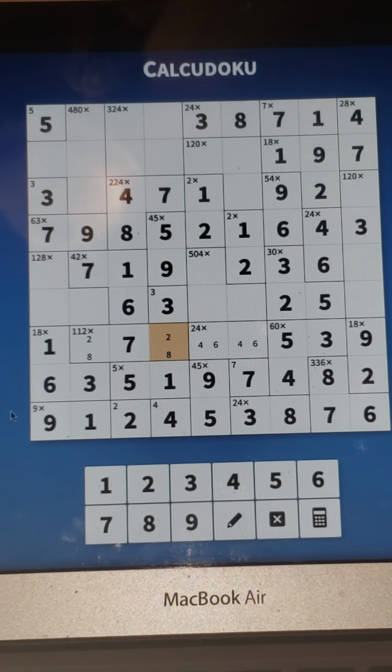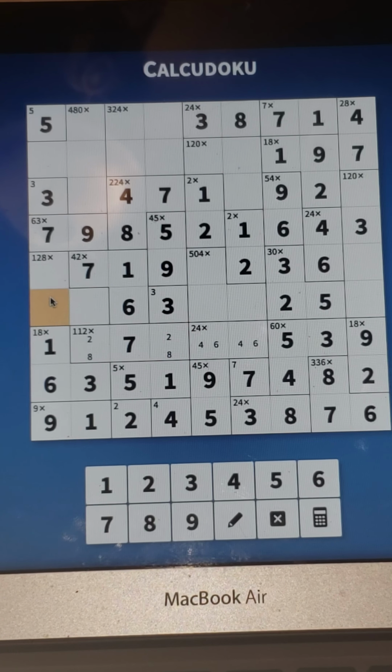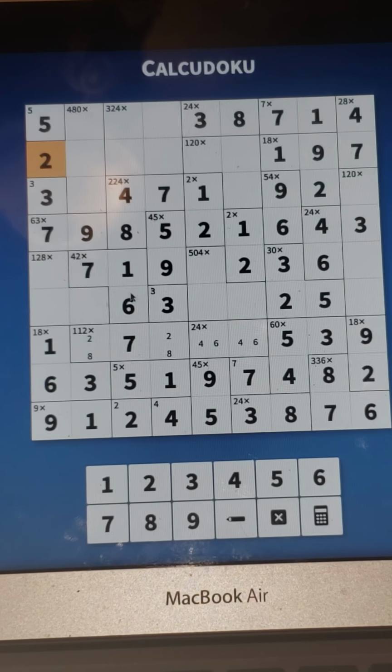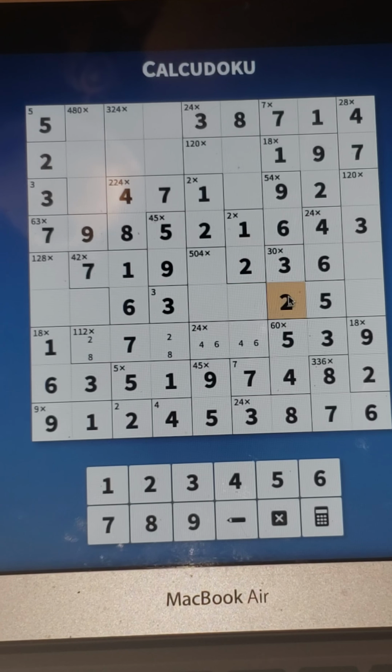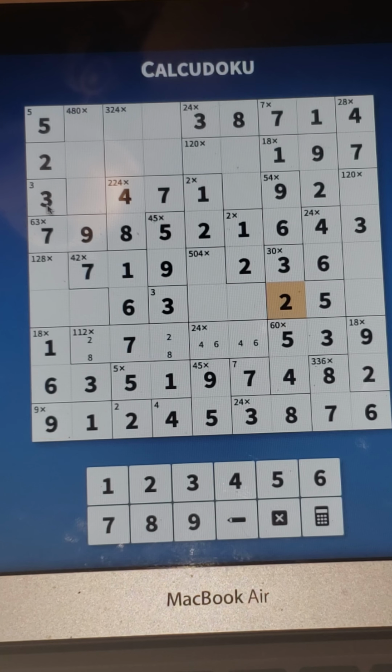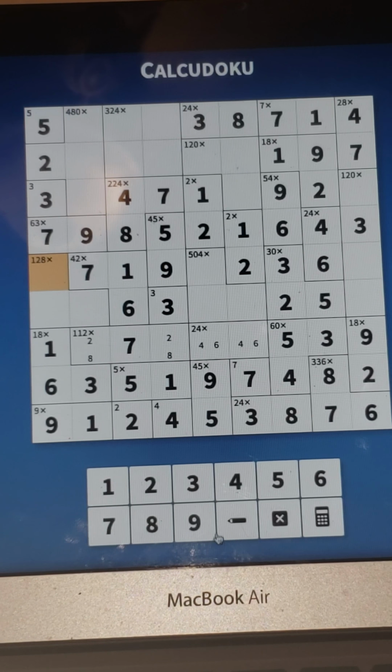I'm going to focus on the first column. Since there are already 2s right here, this has got to be a 2, just by process of elimination. And now our last two numbers that have to go here are 4 and 8.